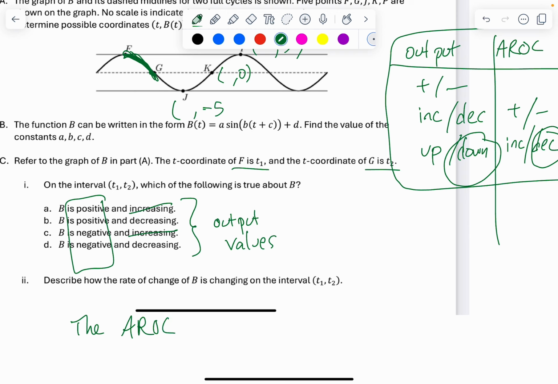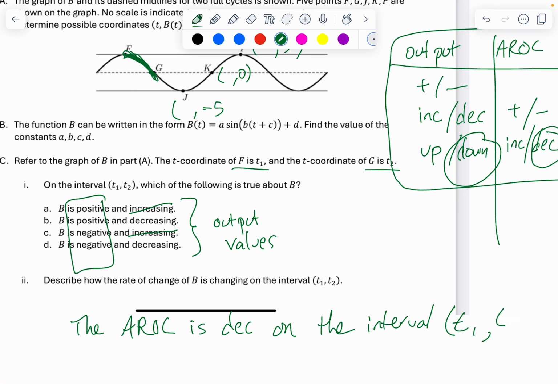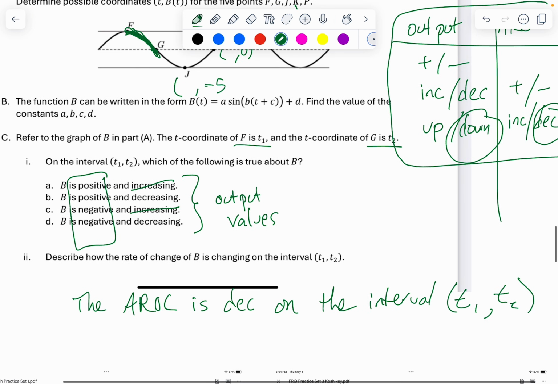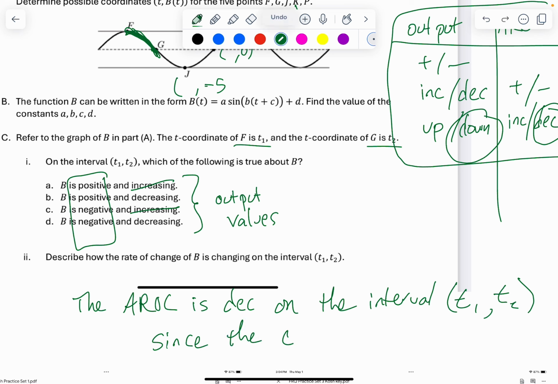The average rate of change, but spell it out, average rate of change, just in case, is decreasing on the interval, since the curve is concave down. Something like that would be a good sentence. Spelling is always my weakness.